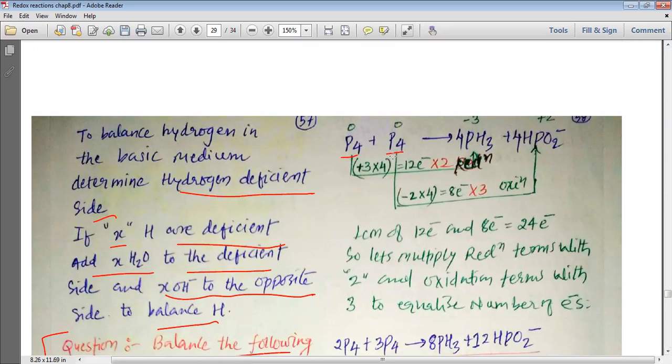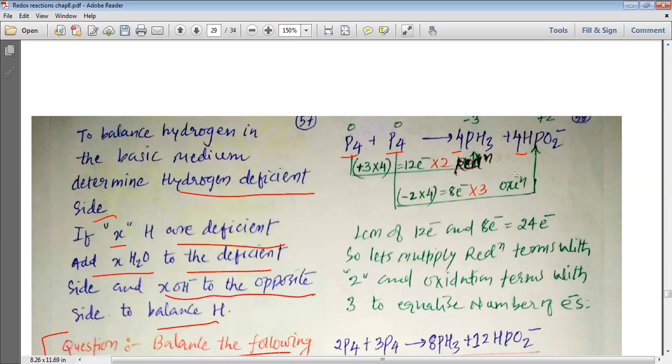So now we will have 2 P4 molecules from which there will be an oxidation and reduction that can be done. We already know that to balance the equation, first we need to balance the atoms other than oxygen and hydrogen, and that is why to balance the P, we multiply both the products with 4 because each product contains only one P. So now we can write the equation as P4 plus P4 gives 4PH3 plus 4HPO2 minus.